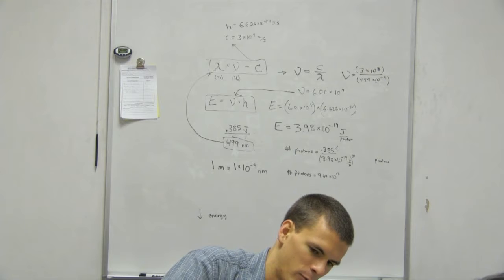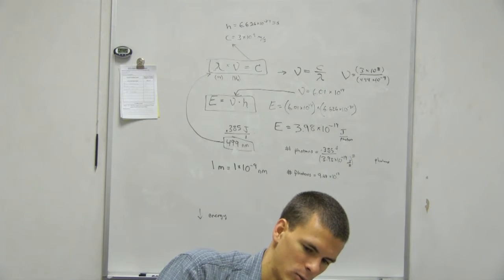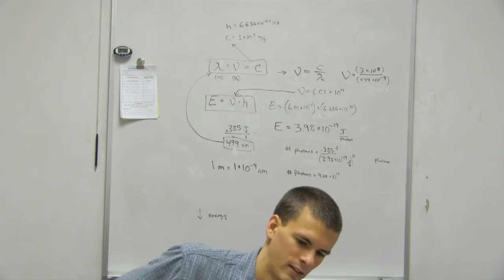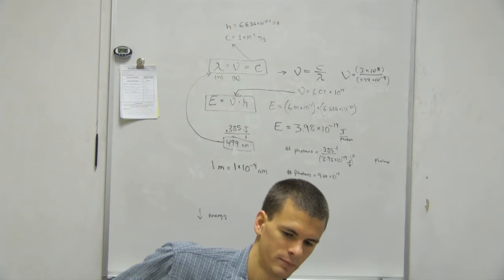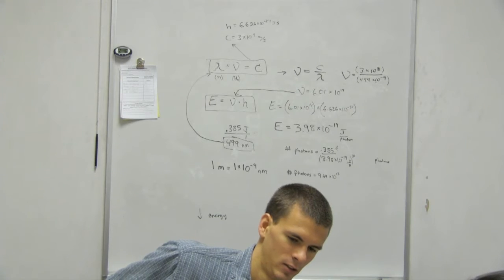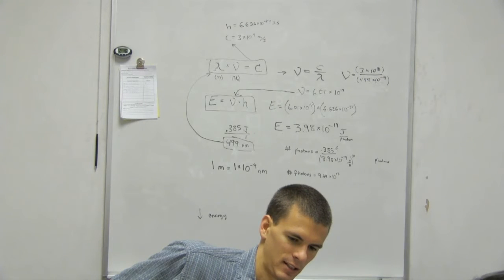So if you move this little slider to right about here, it should start vibrating when it hits a wavelength. Yeah, so it starts vibrating. So at this wavelength and at this wavelength, the molecule will start to move. So what we have to determine is which one of those is the least energetic.